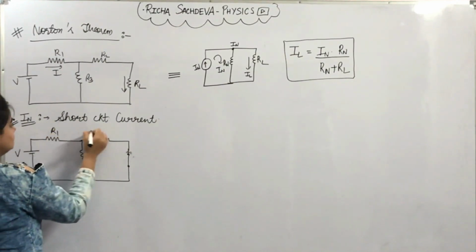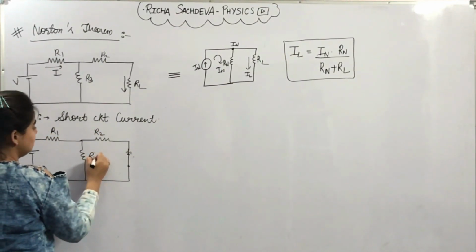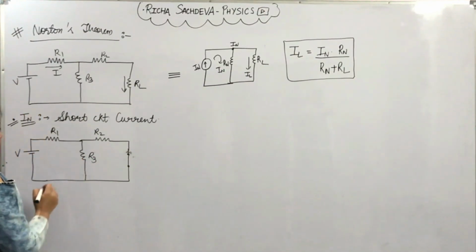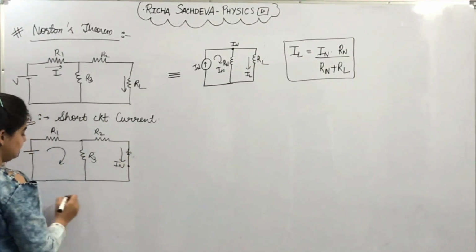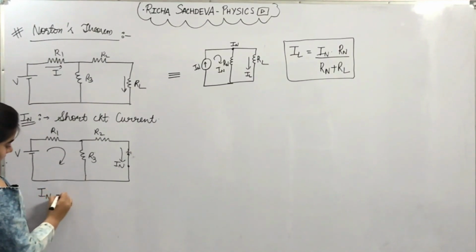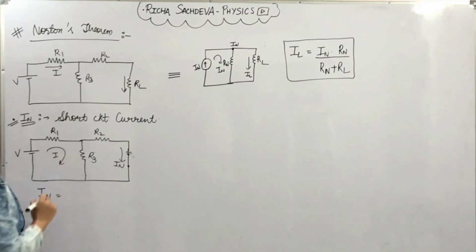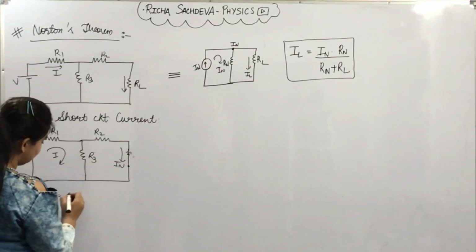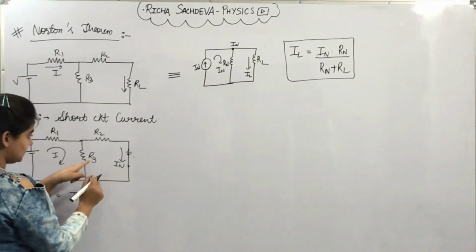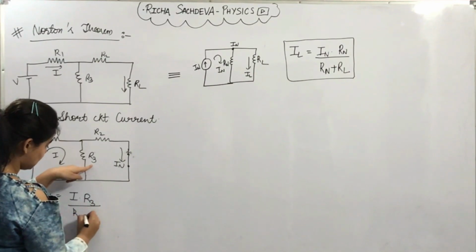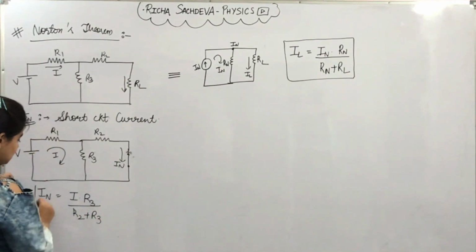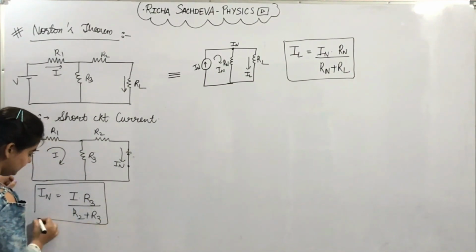This is R1, this is R2, this is R3 and this we have shorted. We need to calculate the current flowing through this IN. Let us say this current is I. So what will be the current IN? I into the other resistance R3 upon the sum of resistances, that is R2 plus R3. This will be the value of IN.